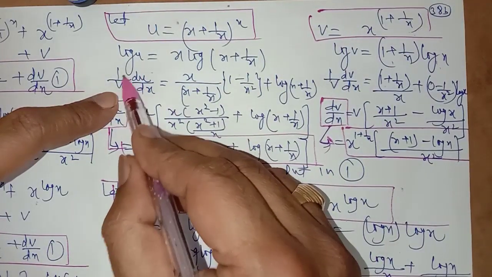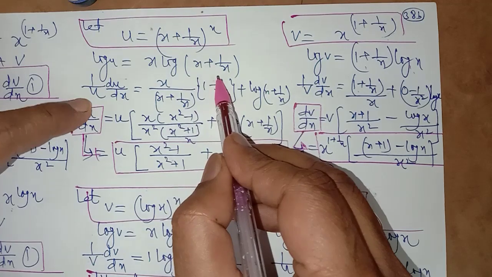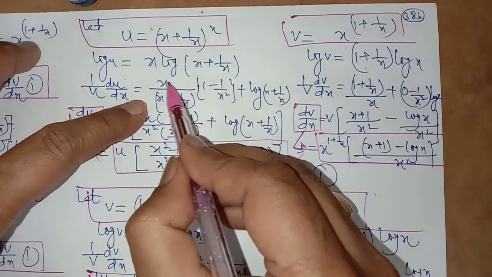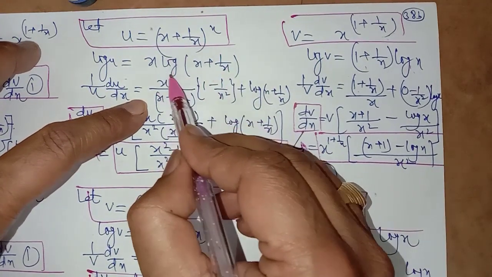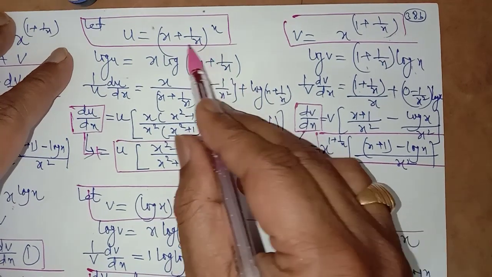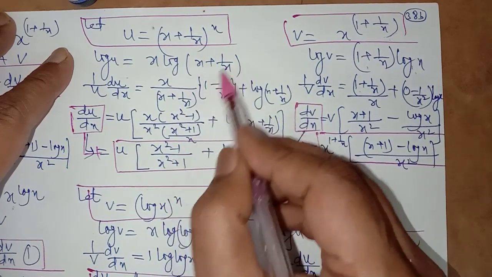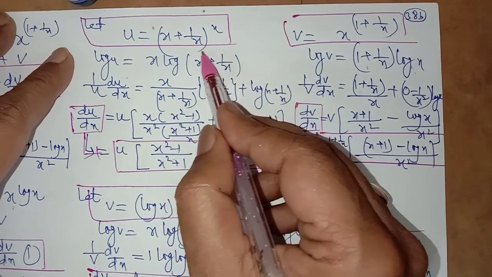So 1/u du/dx. We have to use the product rule. First of all I am differentiating this: log of x plus 1/x. What is the derivative of this log? First differentiate log, so the derivative of log is 1 upon this, multiplied by the derivative of this.